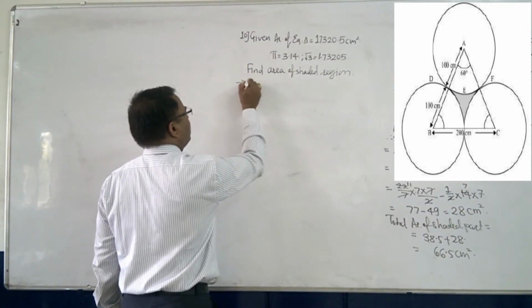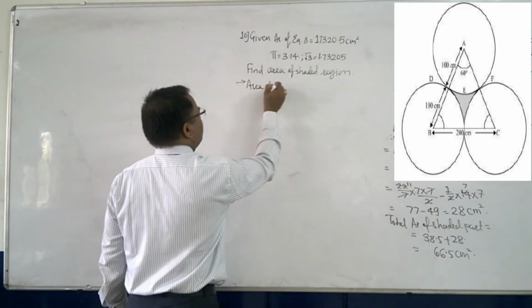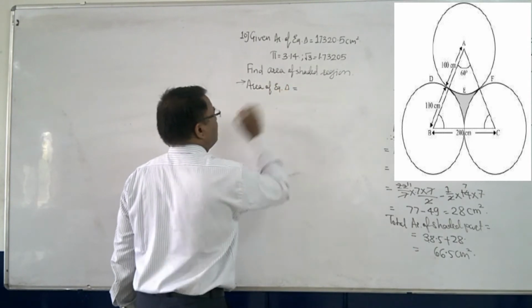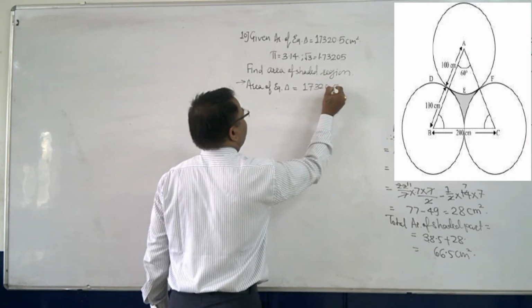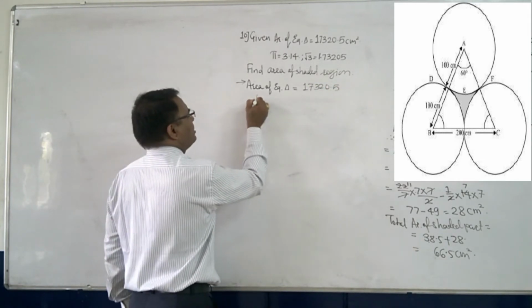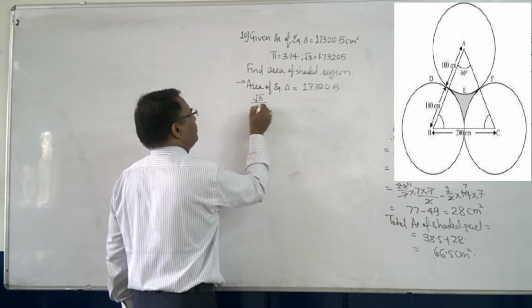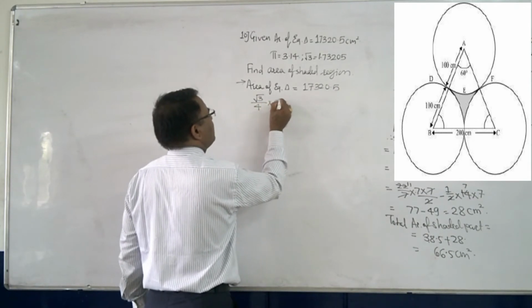First of all, the area of the equilateral triangle is 17320.5. But we know the formula: root 3 upon 4 into side square.